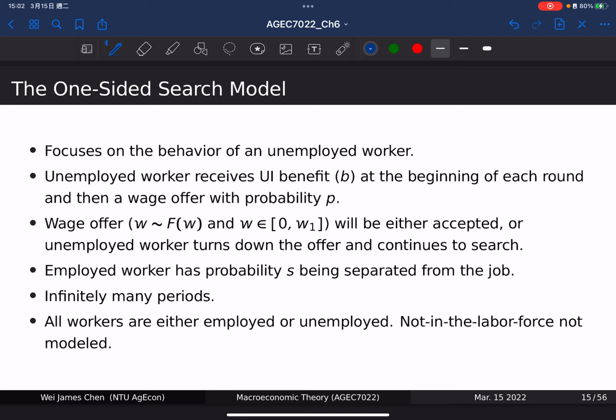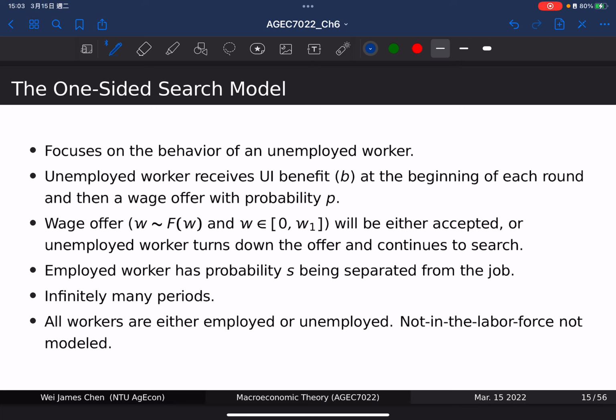This is for the person who's unemployed, right? For the person who is employed, an employed worker has probability s of being separated from the job. That means basically he's fired, or he somehow cannot do the job anymore, so he quits.